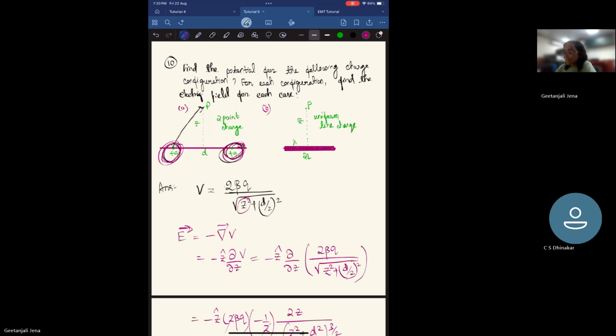So I think you have to follow either the conventional method, that is, take a small area, small length element, find the small field, then integrate it, or Gauss law whenever you have a symmetric charge distribution, and what else? Or the potential.